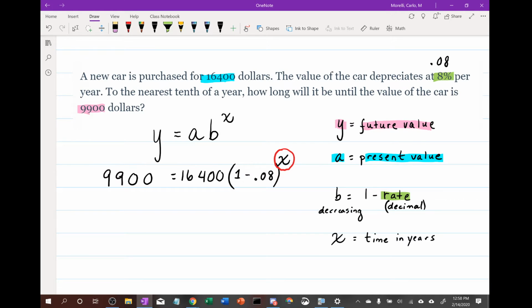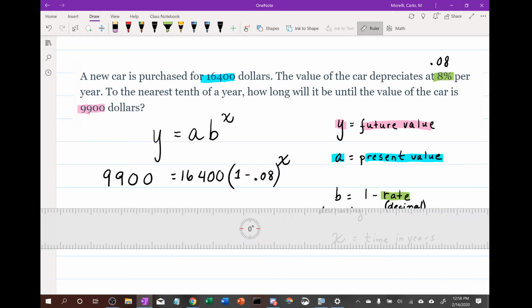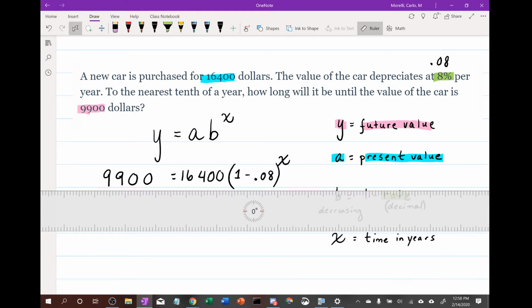So what first step? Consider the whole parentheses thing as just a single blob. The blob raised to the x power is being multiplied by 16,400. No, you're undoing it. You're going in reverse.